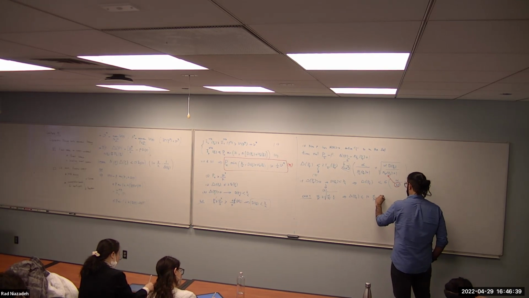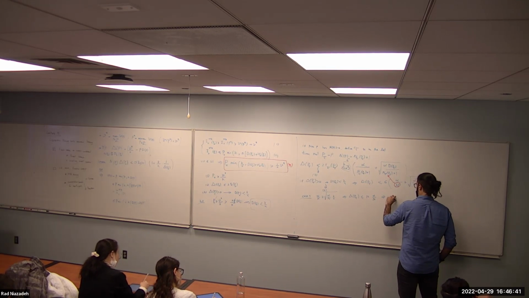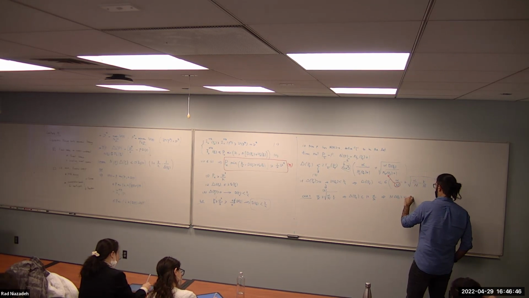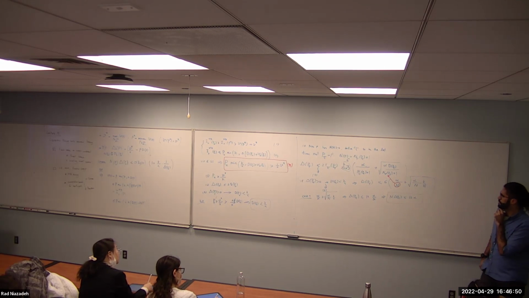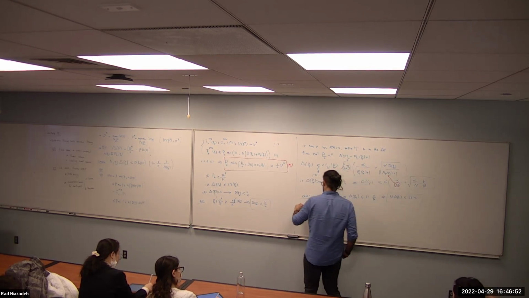And therefore, n times Δ(p τ) will be at most 12 times alpha. So keep that in mind. So this is case 1.